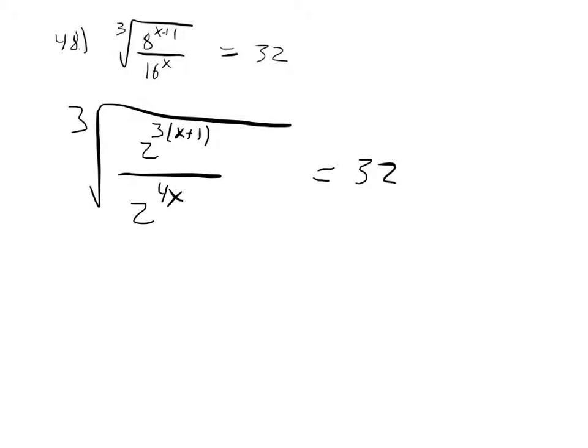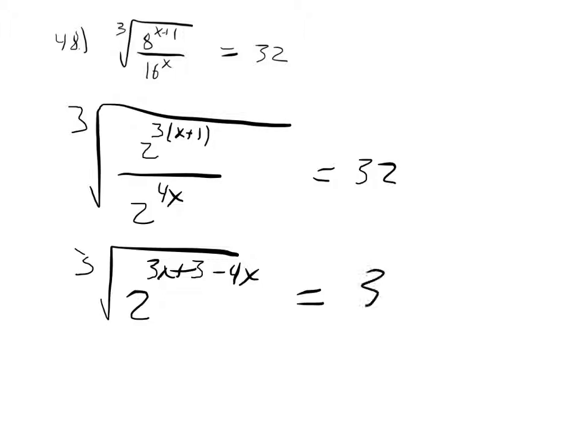I then use my powers of exponents here and get 2 to the 3x plus 3. Why, that's horrible. Let's try that again. 2 to the 3x plus 3 minus 4x equals 32.